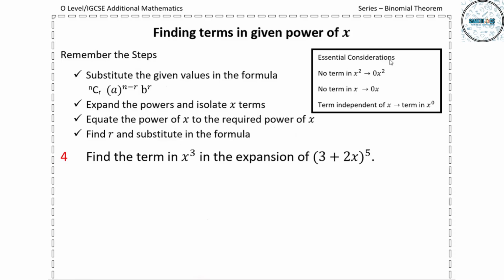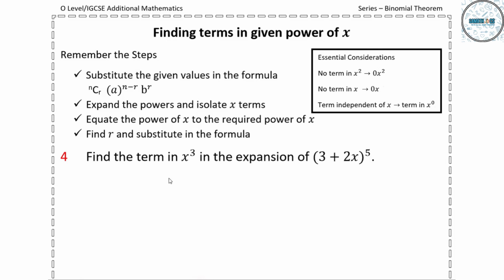You have to remember, if the question says no term in x squared, it means that the coefficient of x squared is to be 0. No term in x means the coefficient of x is to be 0. Term independent of x means term in x power 0, the term in which the power of x is 0.